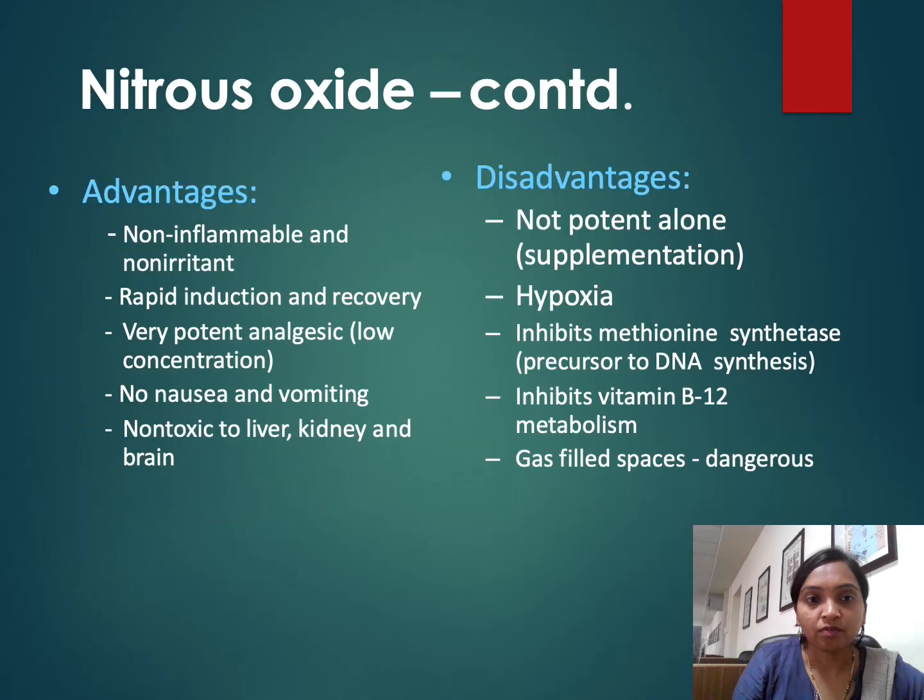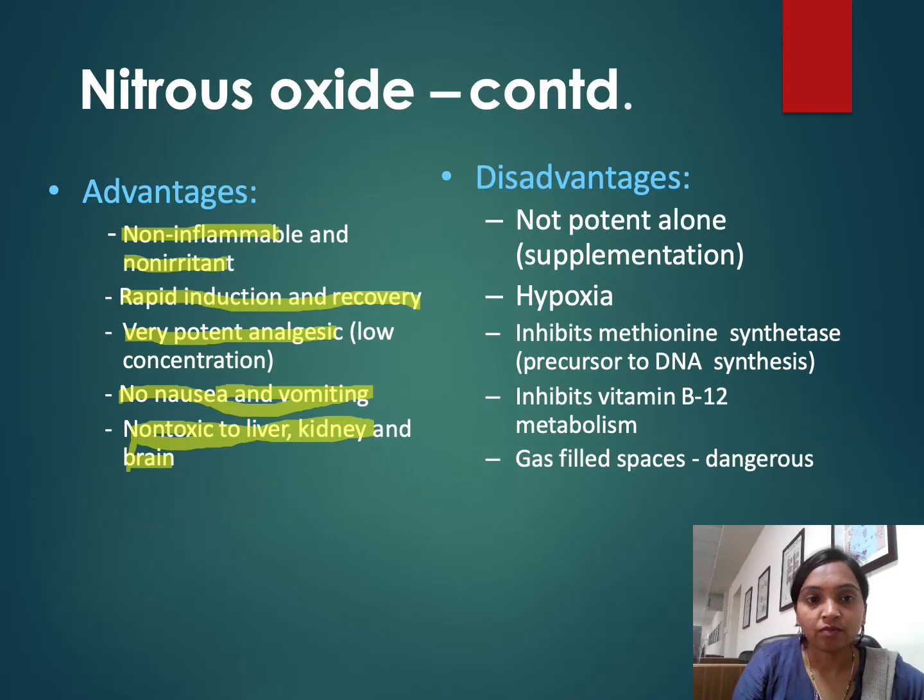Since it is non-inflammable, non-irritant, and it will produce rapid induction and early recovery with a very good analgesic effect, it is a good anesthetic. It also does not produce nausea and vomiting as ether does, and it is not toxic to liver, kidney or brain.